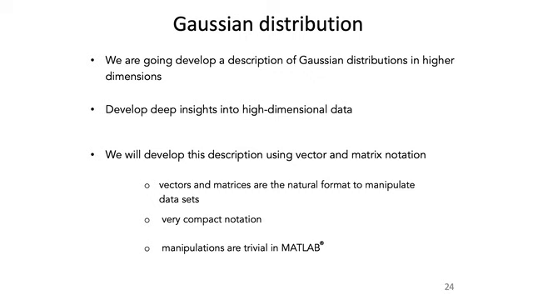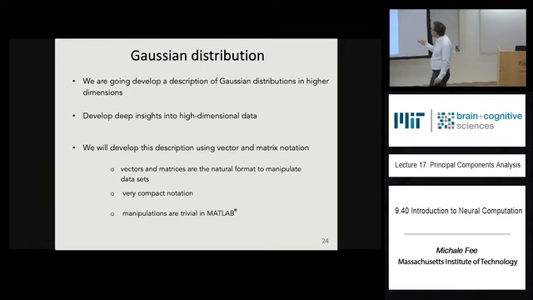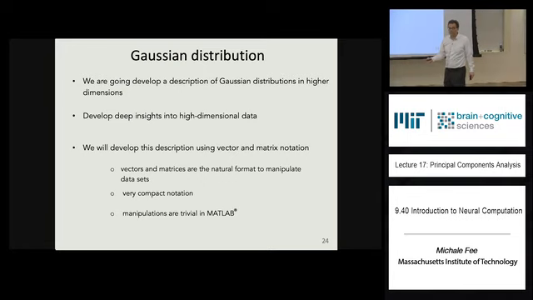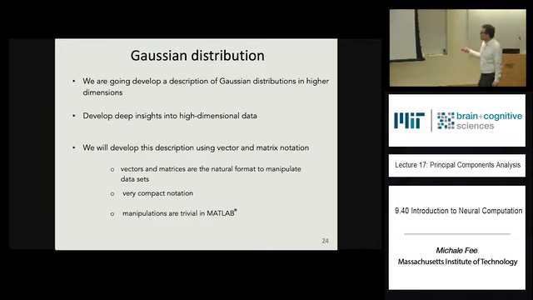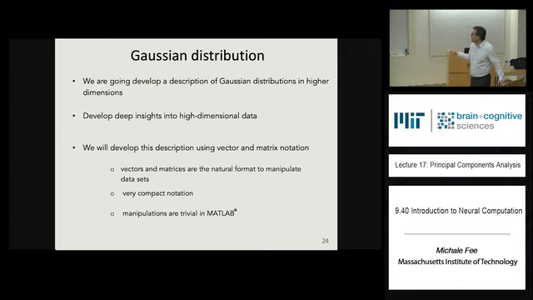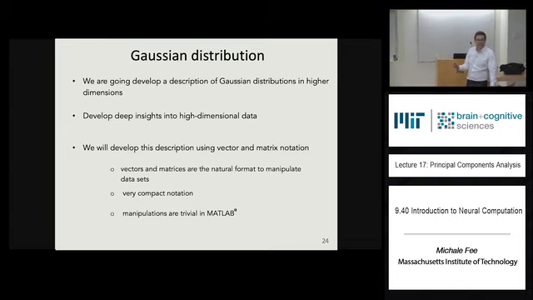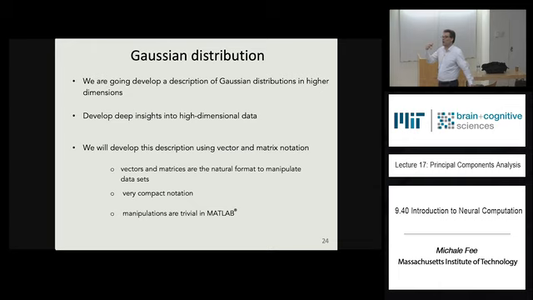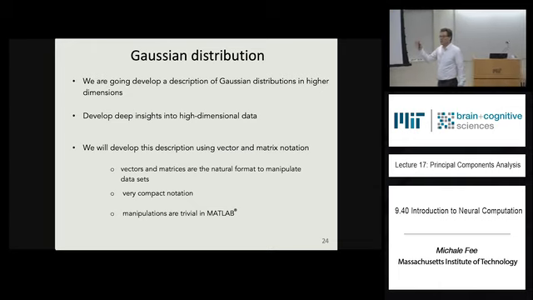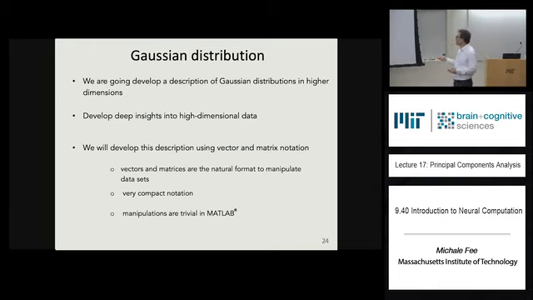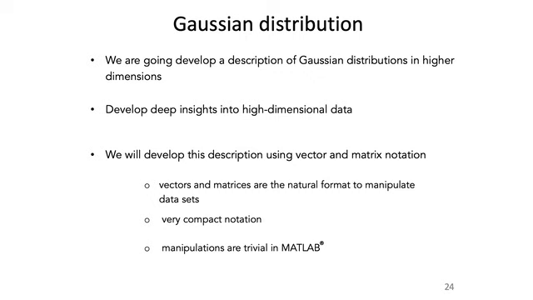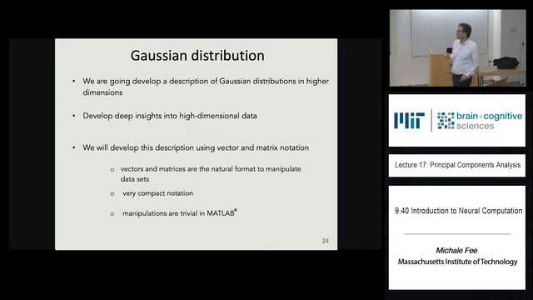Okay? All right, so we're going to get insights into how to think about high-dimensional data. We're going to develop that description using the vector and matrix notation that we've been developing all along. Okay? Because vectors and matrices are a natural way of manipulating data sets, of doing transformations of basis, rotations, and so on. It's very compact, and those manipulations are really trivial in MATLAB, okay, or Python.